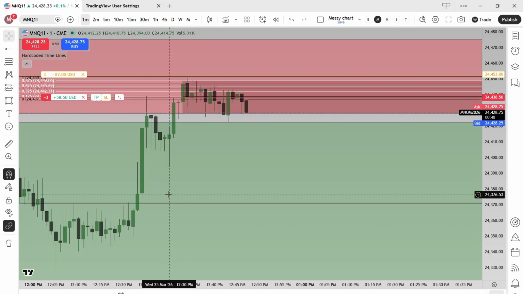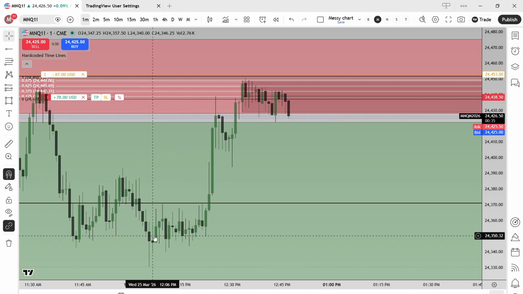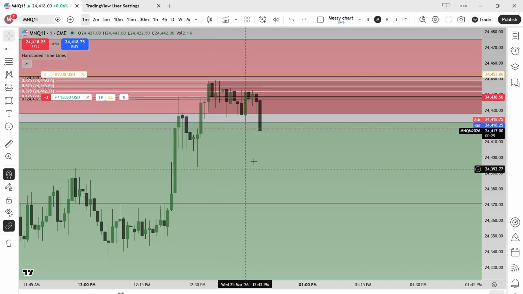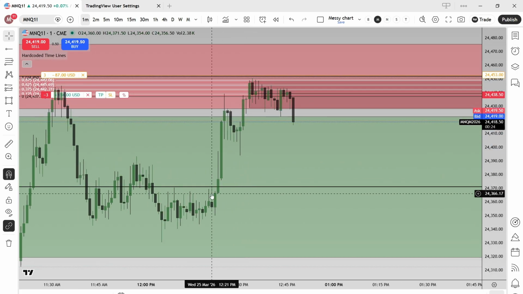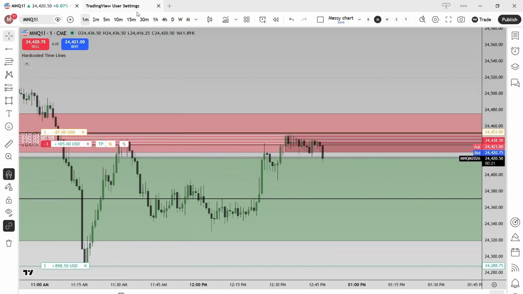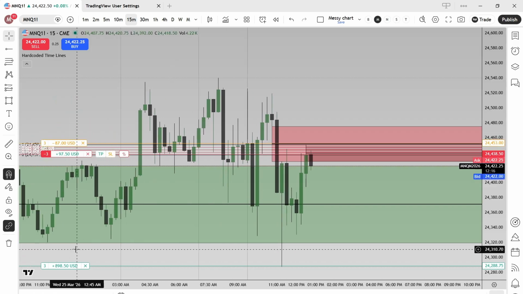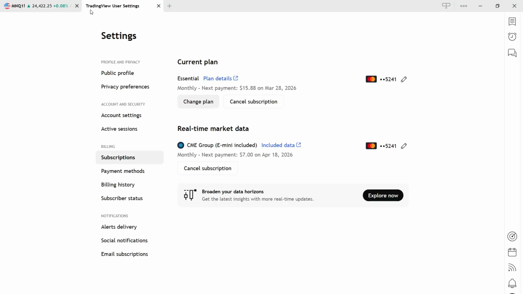It's looking pretty good. Exactly what we want to see. We want to see it get below here. I want to see it rip right through this gap. Oops.